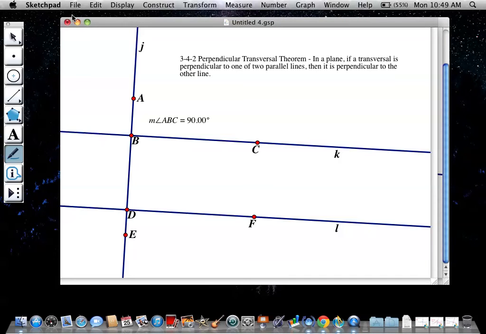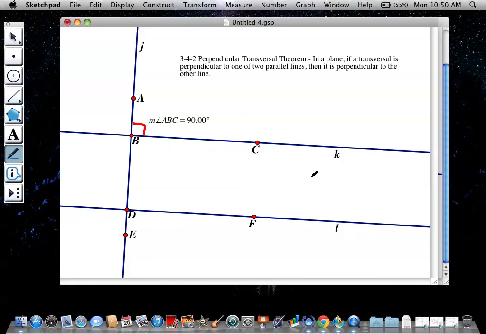Alright, second theorem, perpendicular transversal theorem. In a plane, if a transversal is perpendicular to one of the lines, then it is perpendicular to the other line. So I have J here. It's a transversal for K and L, and it is 90 degrees here.